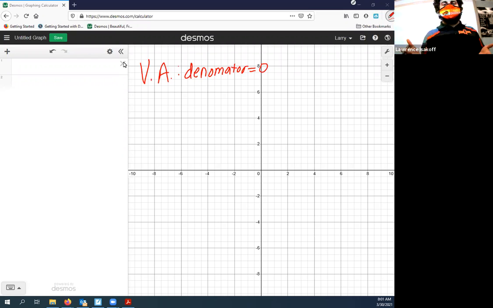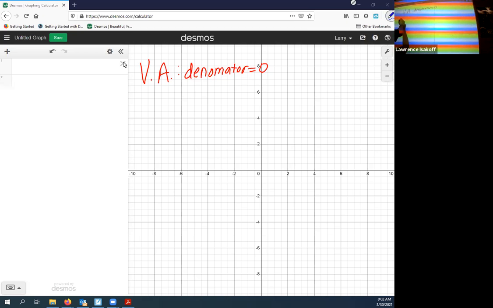So we're not allowed to divide by 0, right? Whenever we divide by 0, that gives us an error. That's where we're going to get gaps in our graphs. There is one exception to this, and that's when things cancel out and create a hole. We'll talk about holes tomorrow.